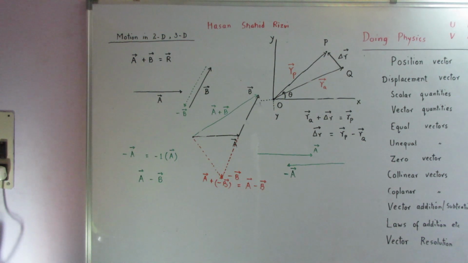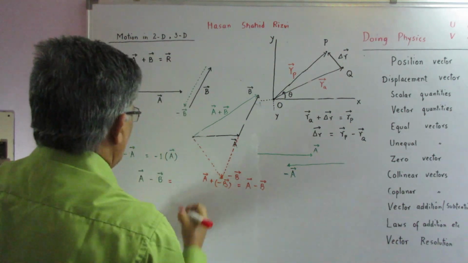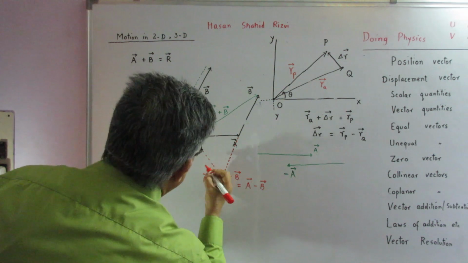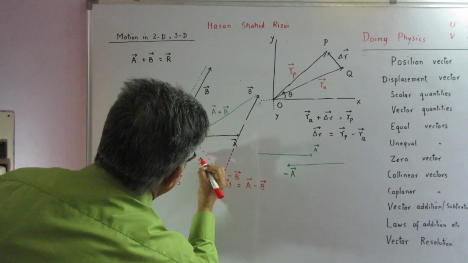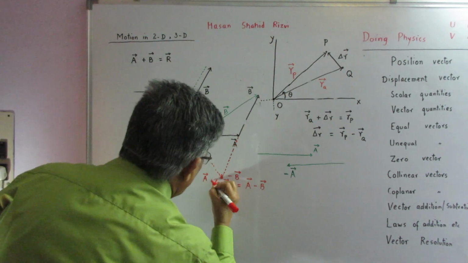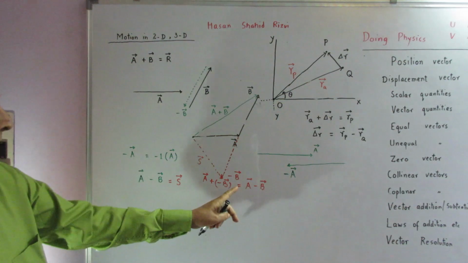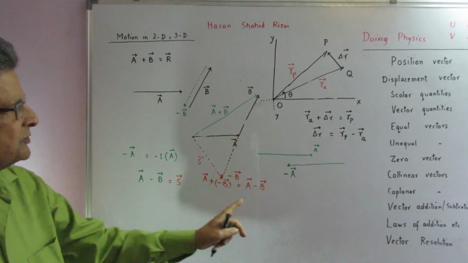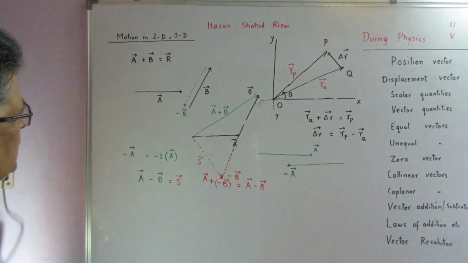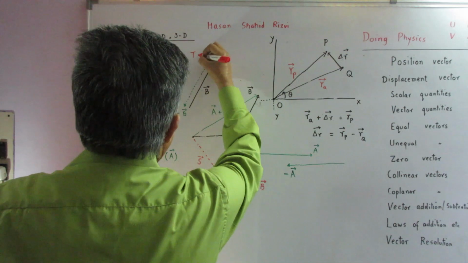Okay, so this vector, if I want to call it vector S, then here comes the resultant vector S, which is equal to A plus multiplied by minus B, which is equal to A minus B. This is the simple method of head to tail.